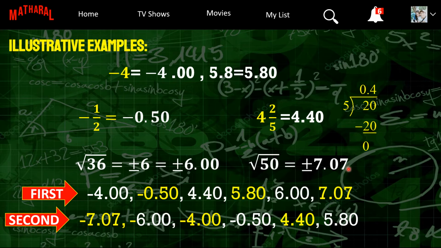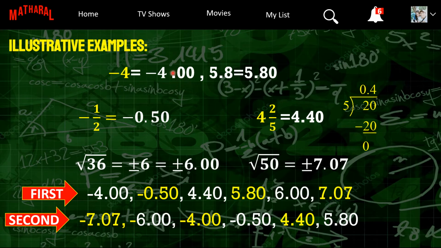So in here, we have two arrangements of numbers. Why? Because in taking the square root, as what we had, dalawa po ang sign, isa positive and isa negative. So now, focus muna po tayo sa positive ng square root ng dalawang numbers na ito, the square root of 36 and the square root of 50.